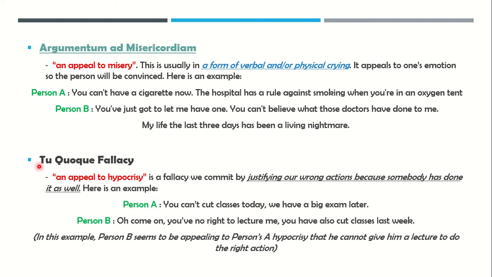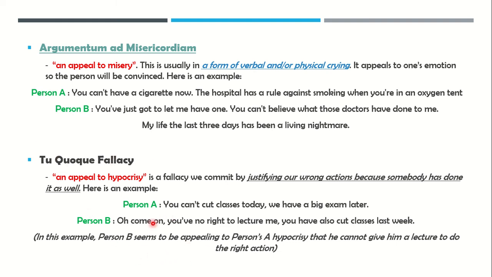So, I have here another example of the tu quoque fallacy. The mother says, "You should stop smoking. It's harmful to your health." Then the daughter replies, "Why should I listen to you? You started smoking when you were 16." Now the daughter here commits the tu quoque fallacy.